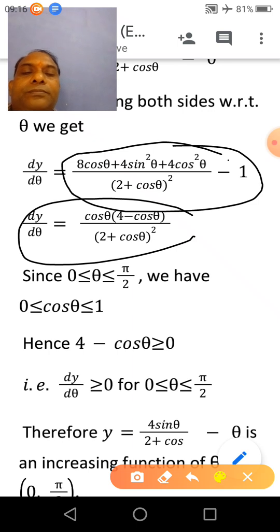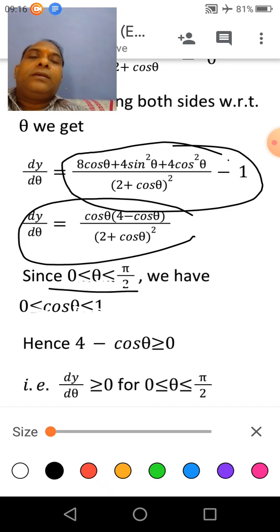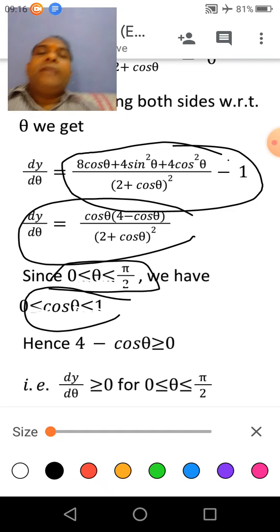Now when theta is lying between 0 to pi by 2, then cos theta will be lying between 0 to 1. Clear? Means theta is lying between 0 to pi by 2, then cos theta will be lying between 0 to 1. Clear?